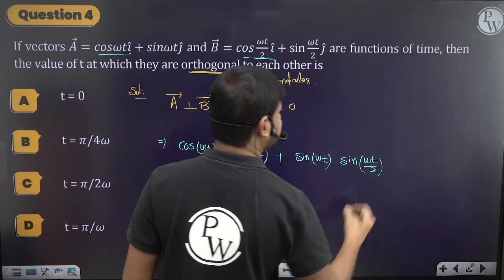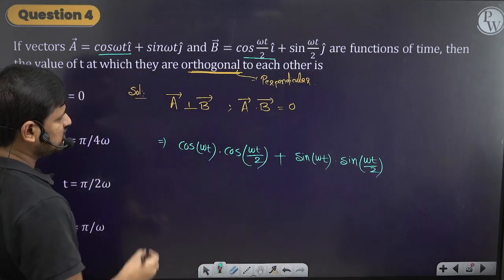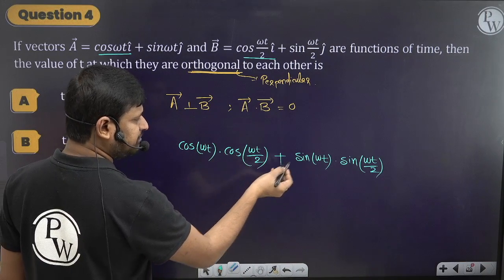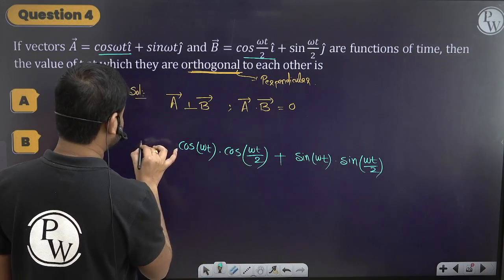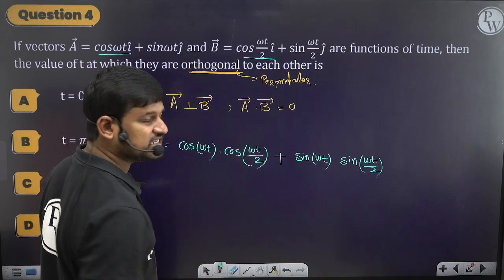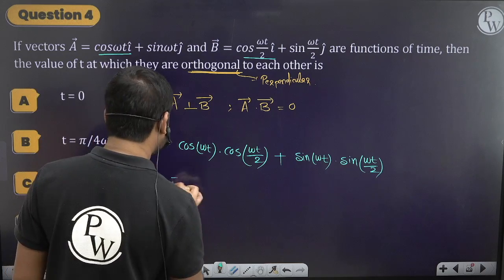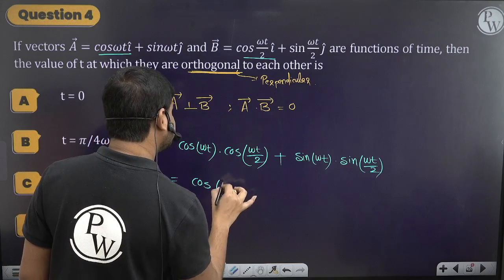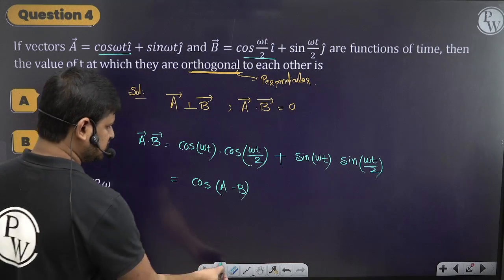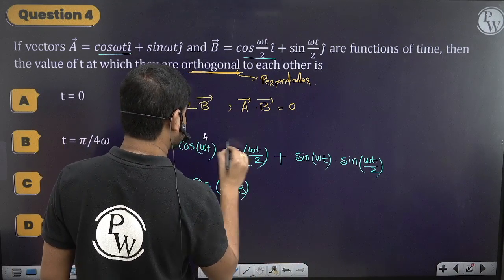Now in basic maths we discussed one formula. This is in the form of cos A cos B plus sin A sin B. Whose formula is cos of A minus B? Yes or no? So this is going to be A, this is B.